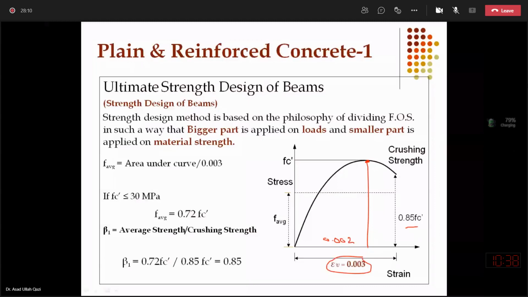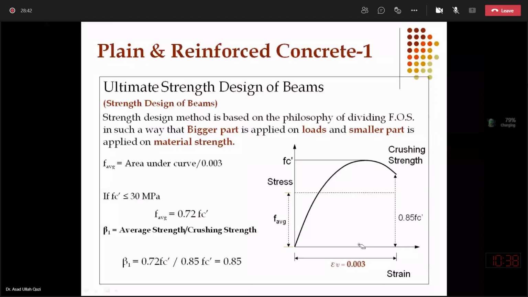Now, the question is that we want to determine the compression force C due to the stress strain curve of the material concrete.